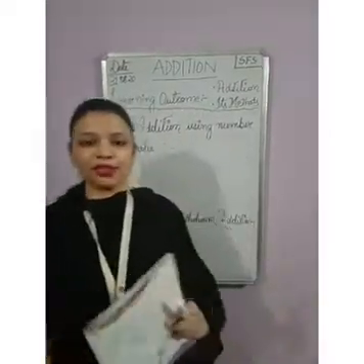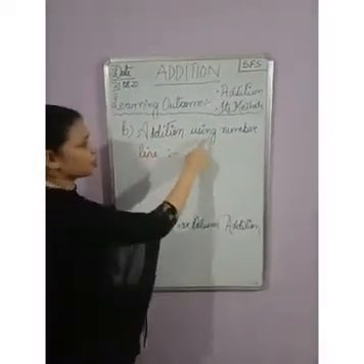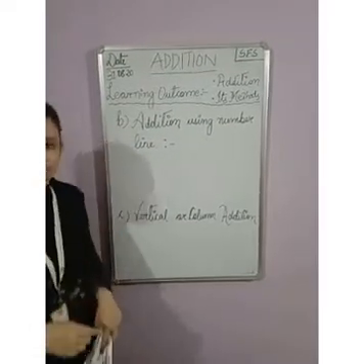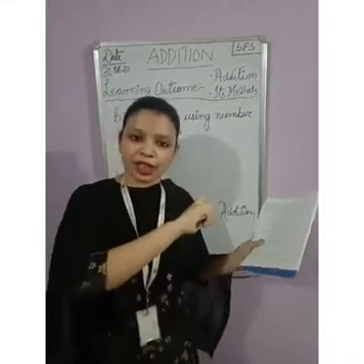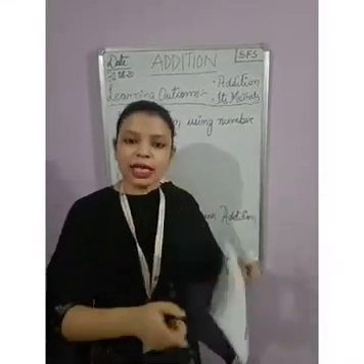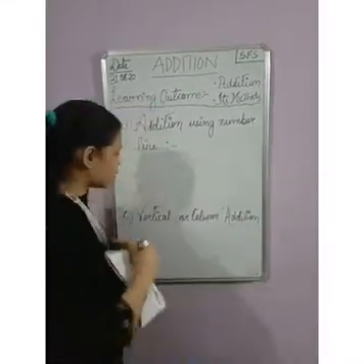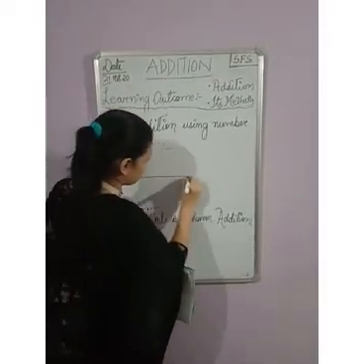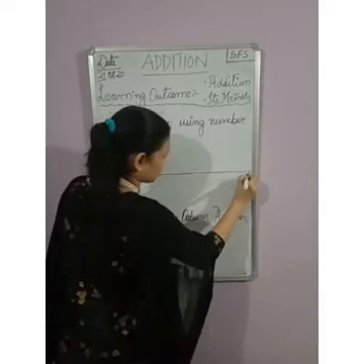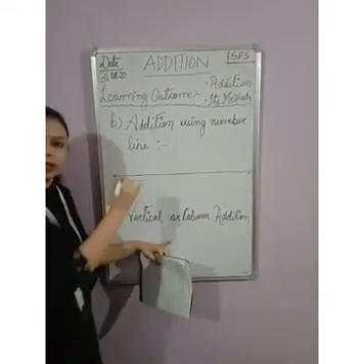The next method of addition is addition using a number line. Now you have to add in a different method, not with the fingers. So how do you add? Using a number line. A number line is a straight horizontal line, and I will put the numbers here.